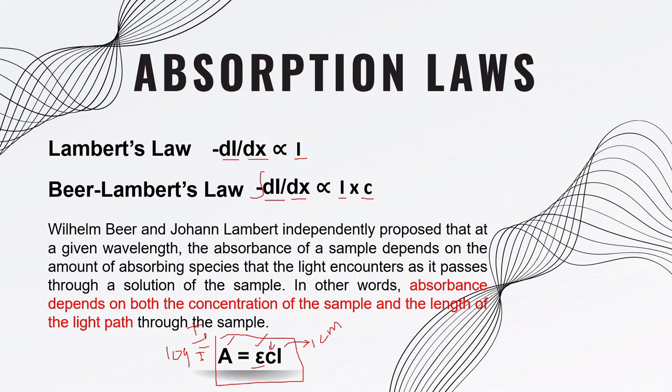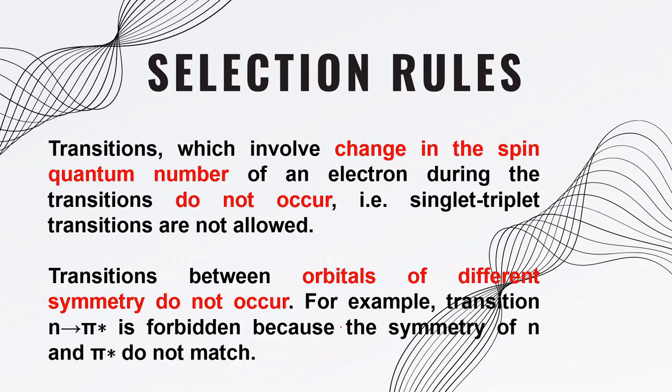Selection rule. The electronic transitions are governed by certain restrictions called selection rules. Number 1, a transition that involves a change in the spin quantum number of an electron during the transition is forbidden. That is, it does not occur. For example, singlet to triplet or triplet to singlet transitions are forbidden, whereas singlet to singlet or triplet to triplet is allowed.